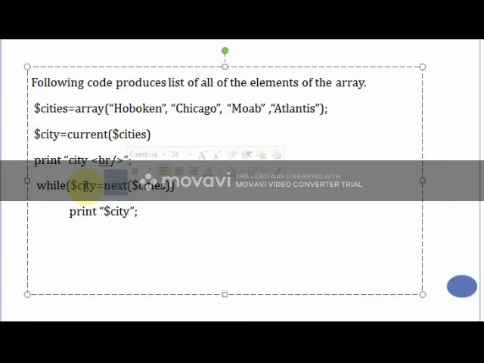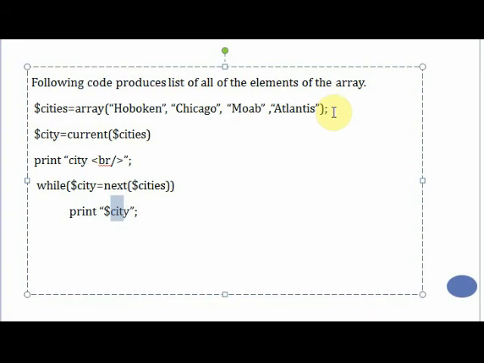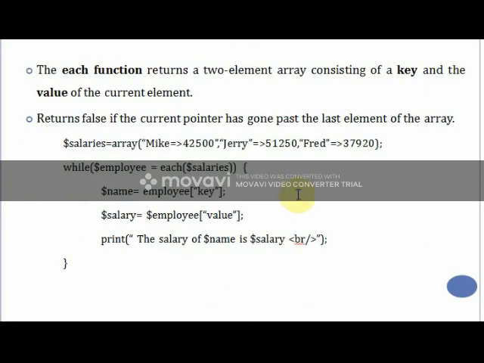That value is stored in city, so when you print city you get Chicago. Again next, Moab is printed. Again next, Atlantis. Again next, you are done with the array elements, so the next function returns a false value. So this is about your next function.